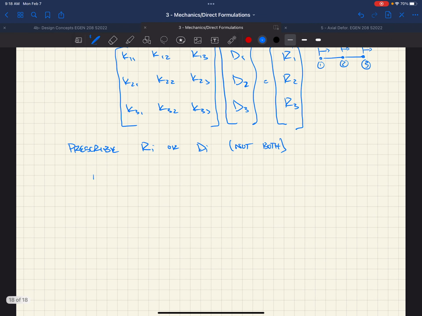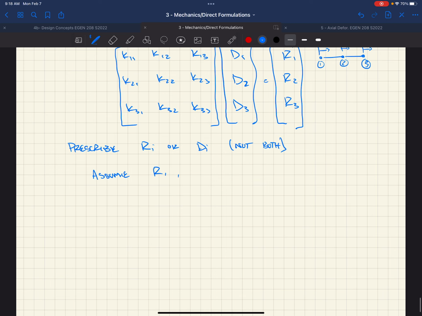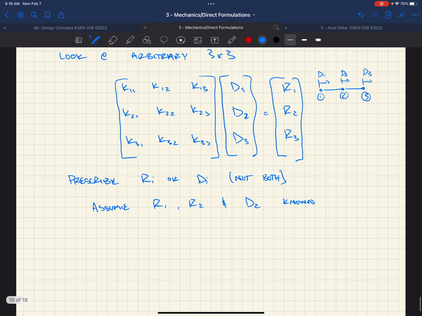So in this case, what Cook does is he assumes that we know R1, R2, and D2. So we have three boundary conditions. We know the forces that are applied at nodes 1 and 2. And then we have a known displacement, right?